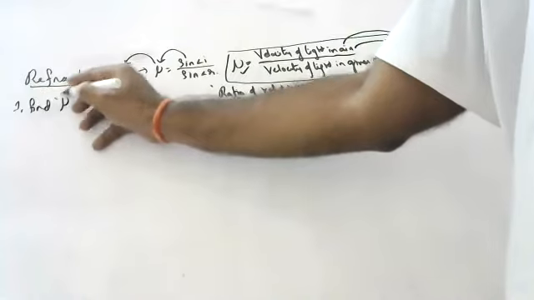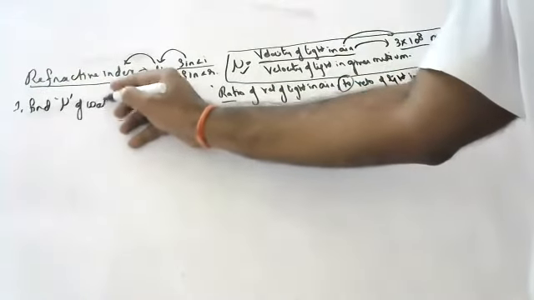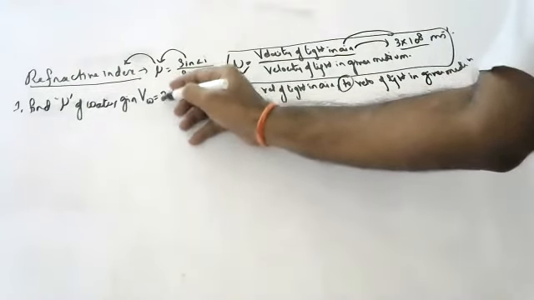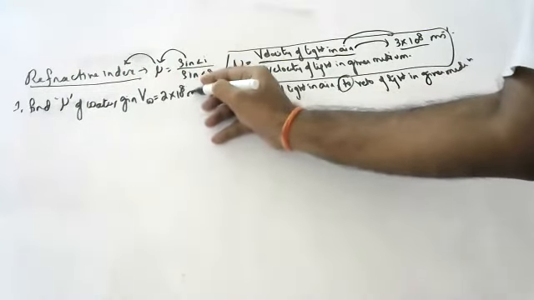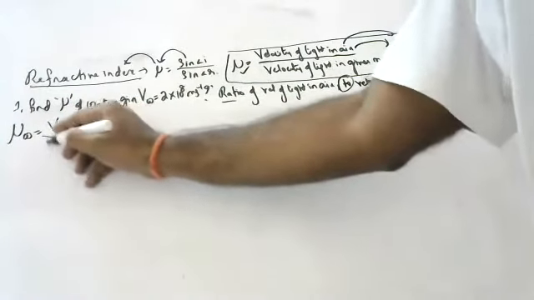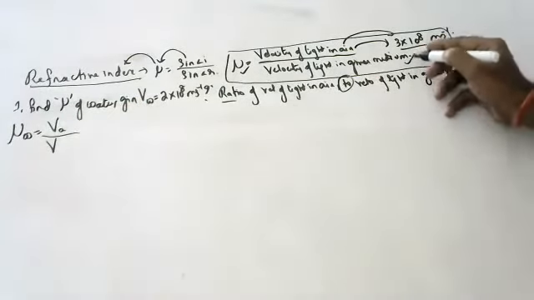Find the refractive index of water, given the speed of light in water is 2 into 10 to the power of 8 meters per second. Refractive index of water means velocity of light in air by velocity of light in the given medium. What is the medium here?